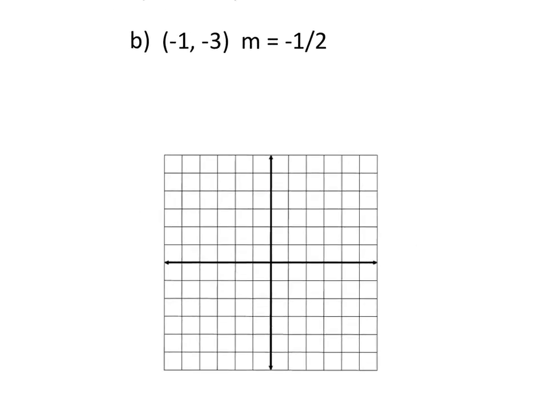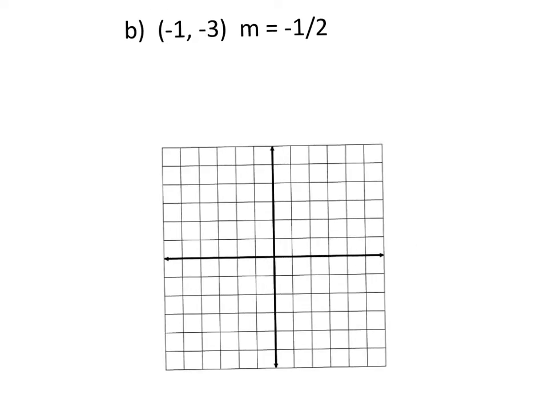All right, so you should be rejoining us after trying this problem. When you're doing this, you should have y minus negative 3 equals negative 1/2 times x minus negative 1. Now again, you should have cleaned it up to y plus 3 equals negative 1/2 times x plus 1.